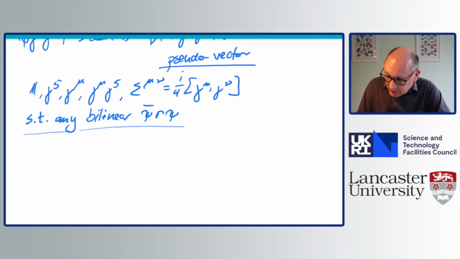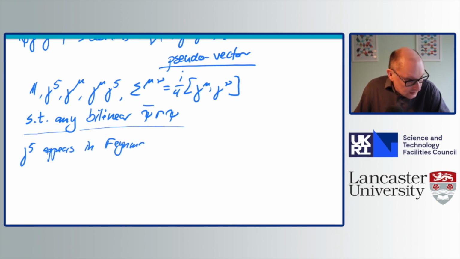So gamma 5 was useful in constructing these, perhaps because gamma 5 often appears, I said that gamma 5 often appears in the Feynman rules. Why is that? So gamma 5 appears in Feynman rules because it is used in projection operators.